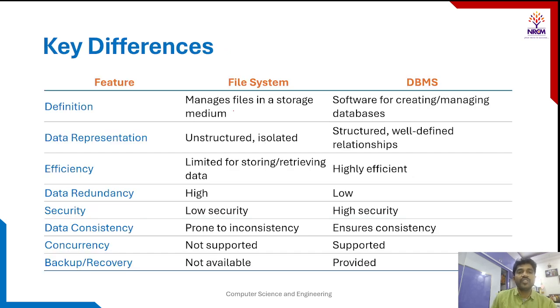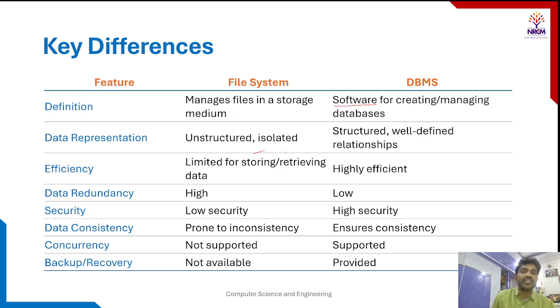See the key differences between the file system and the DBMS. By definition, the file system just stores and manages the files on the storage medium like your hard disk, pen drives, anywhere, right? But the DBMS is software for creating and managing databases. That is the difference between the file system and the DBMS. And data representation in a file system is unstructured and isolated.